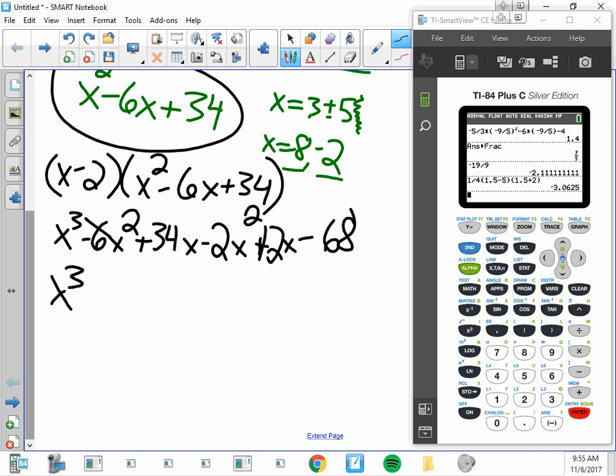X to the third minus 8x squared plus 46x minus 68. And that would be the polynomial that has one real root at 2, and then the imaginary roots 3 plus or minus 5i.